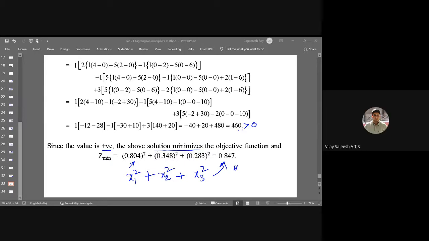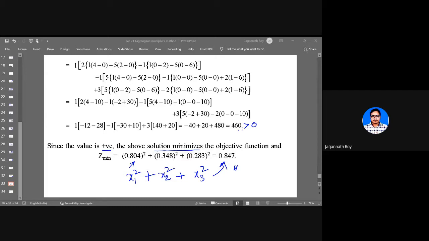Sir, I think the sign of the lambda value alone might change, because if you take one minus sign outside the summation, we'll arrive at what I'm asking. But anyway, I'll try it out, sir. Yes, yes. Okay. In fact, I also need to think about it.